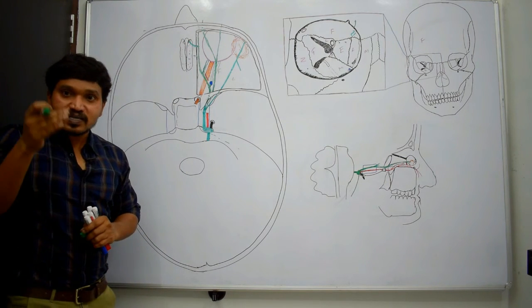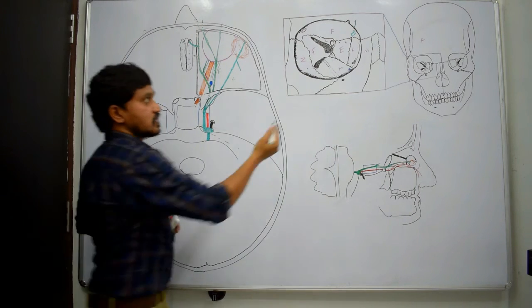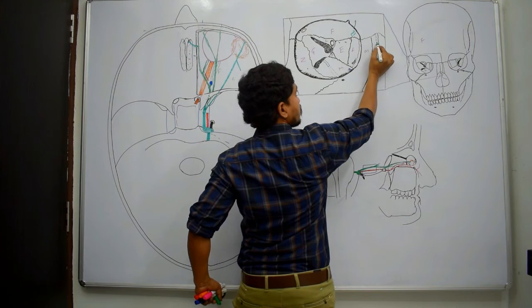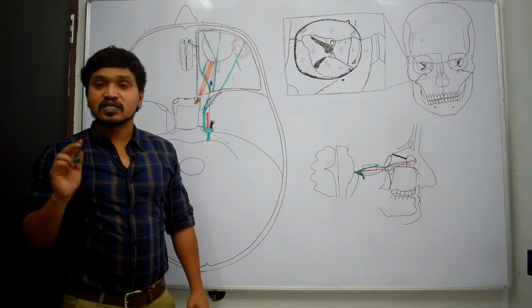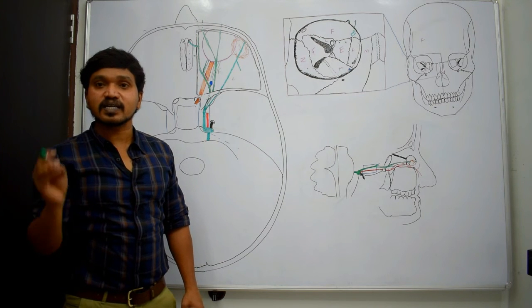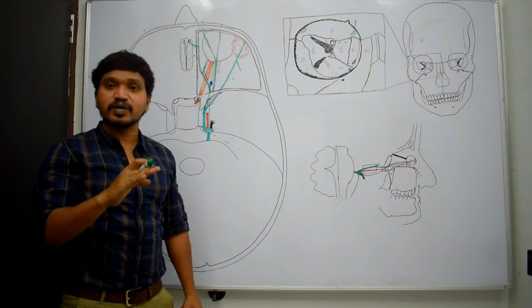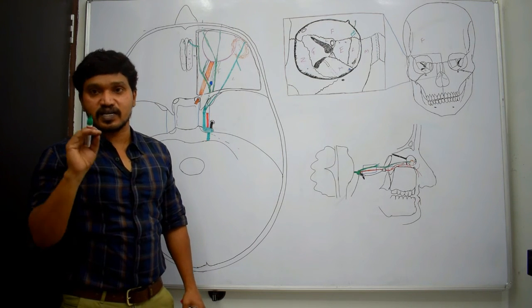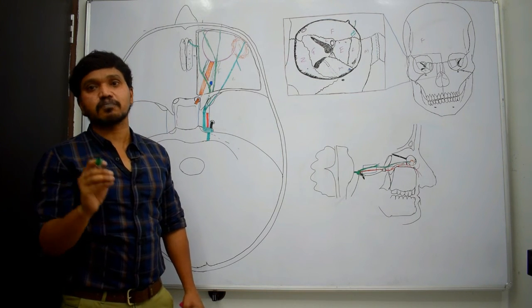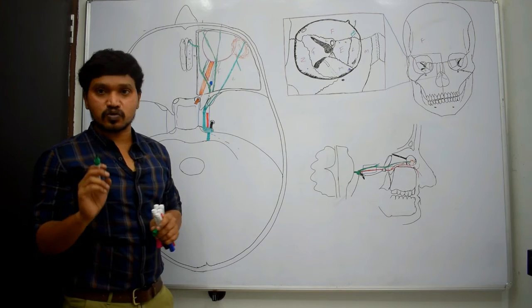Then it passes deep to the nasal bone. See, this is the nasal bone. In the nose, it gives internal nasal branches, medial and lateral, which supply the mucosa of the nose.